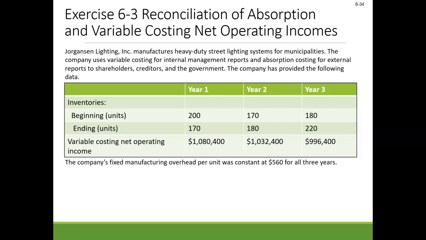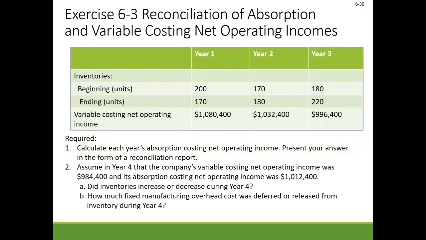We've got our beginning inventory and our ending inventory and our variable costing net operating income. And it tells us here that the company's fixed manufacturing overhead per unit was $560 for all 3 years. So it's given us a flat amount each year.